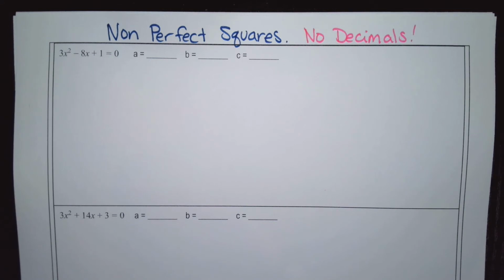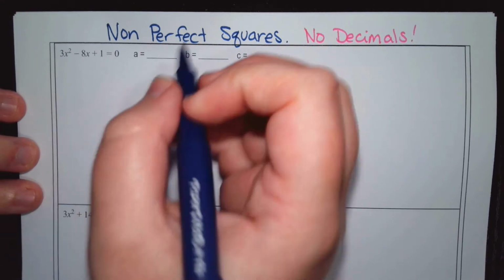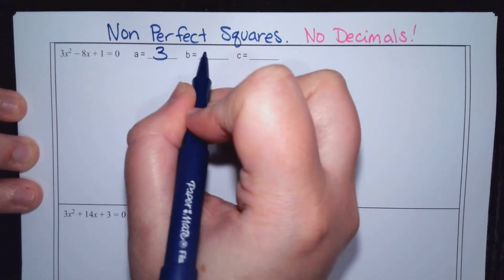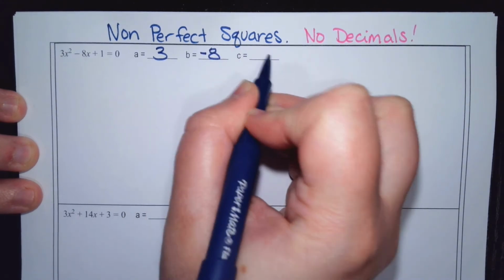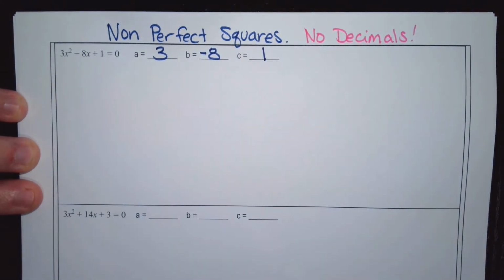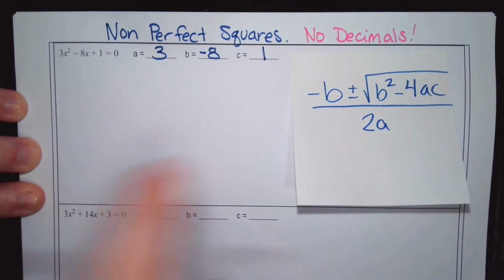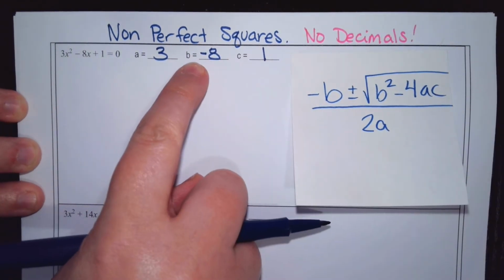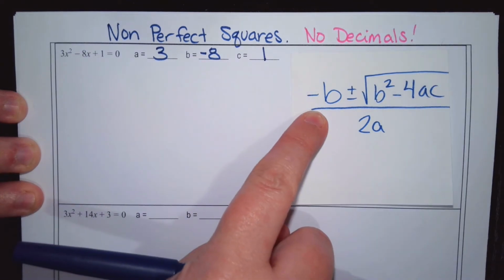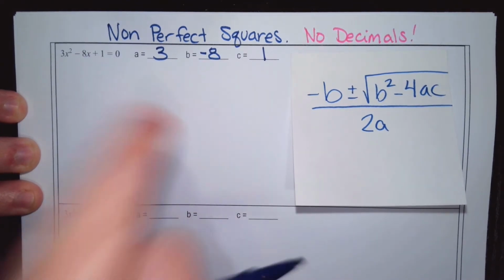All right. So 3x squared minus 8x plus 1. Our a is 3, our b is negative 8, and our c is 1. So we're now going to plug it into the quadratic formula. Now, when your b is negative and we're plugging it into a negative, it becomes positive.